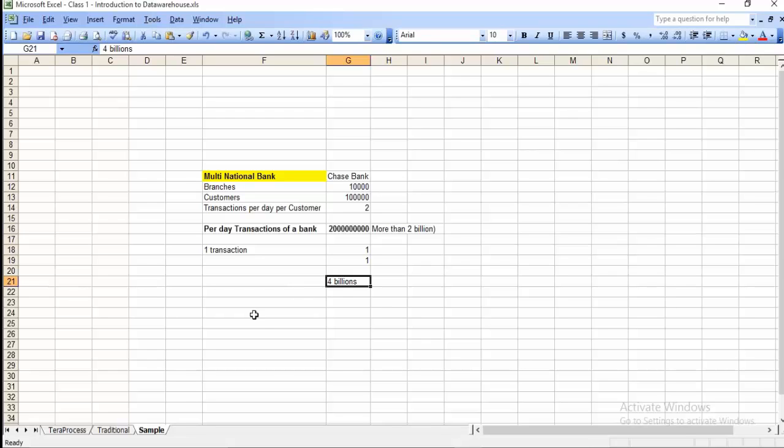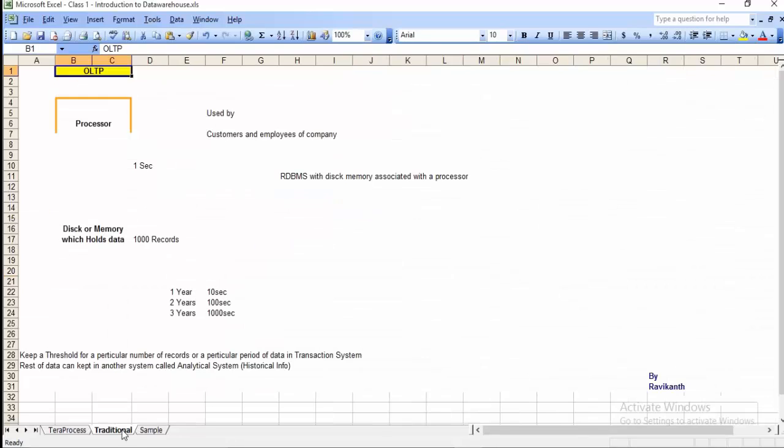This is how the transactions happen in the database. So how do traditional systems, like a bank's, look generally? What is OLTP?